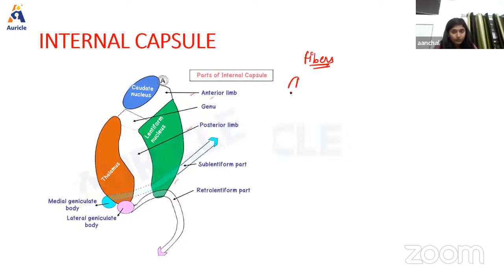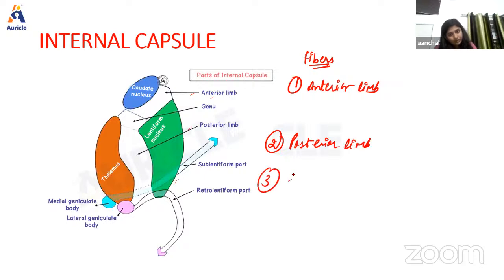So we're going to discuss the fibers with the help of the anterior limb, posterior limb, then genu, and the caudal portion.